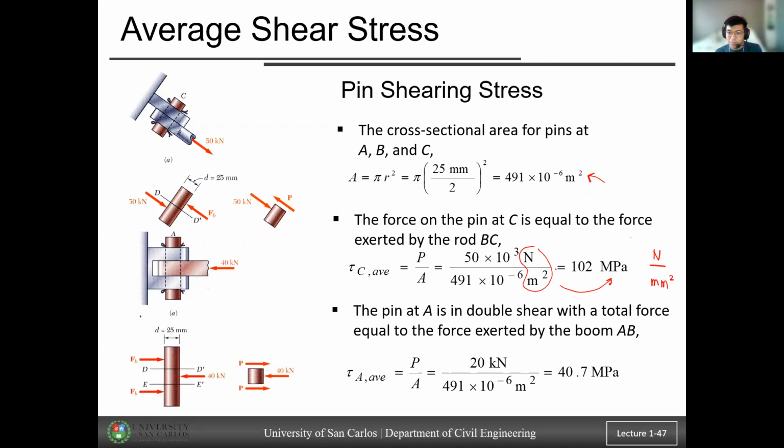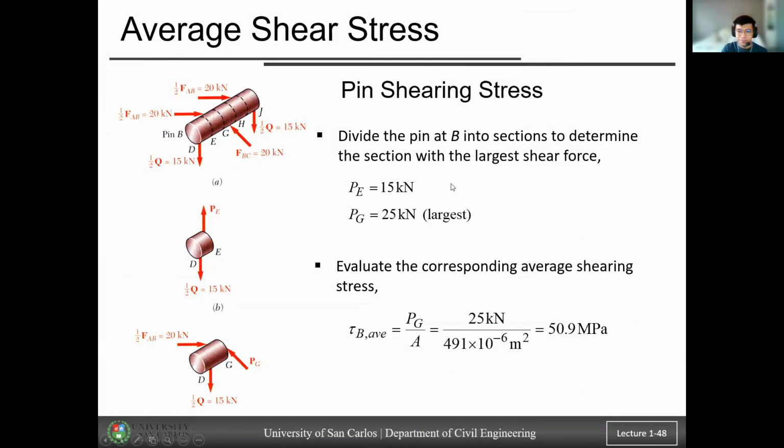Newton over meter squared is just Pascal, but Newton over mm squared is megapascal. You might ask how many decimal places are required during the exam. Two decimal places only. I'm not super strict with significant figures.